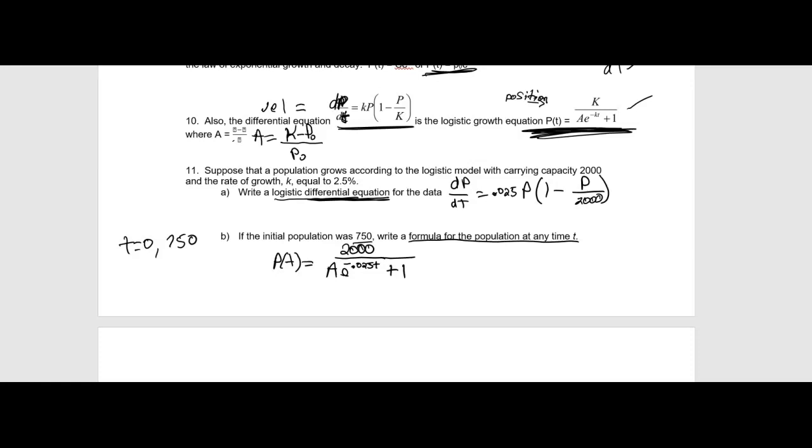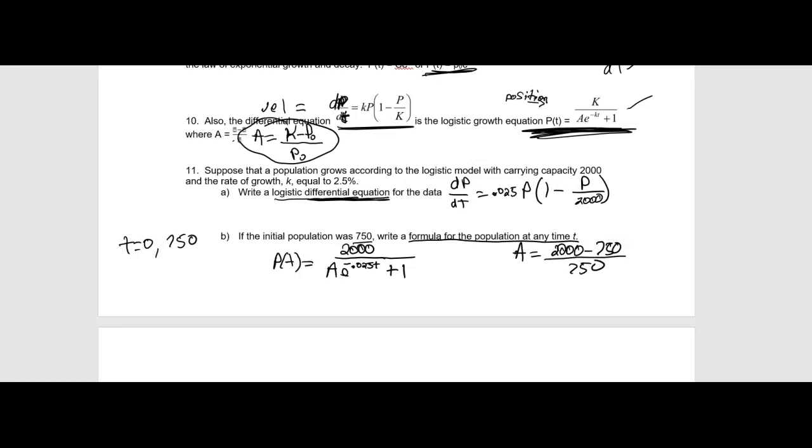So A we don't know just yet, but what we are given is a way to figure out what A is, and that's this formula here. A is your carrying capacity of 2,000 minus your initial population of 750 divided by your initial population of 750.